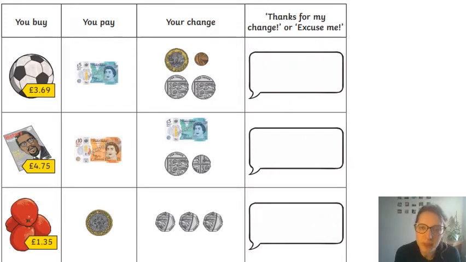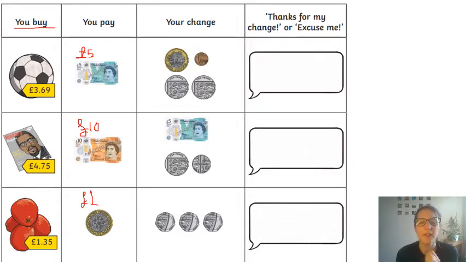As your starter, we're going to do a bit of a recap on giving change. This table shows you the object that you're going to buy and what you pay with. We've got a £5 note on this one, a £10 note on here, and a £2 coin for our last one.